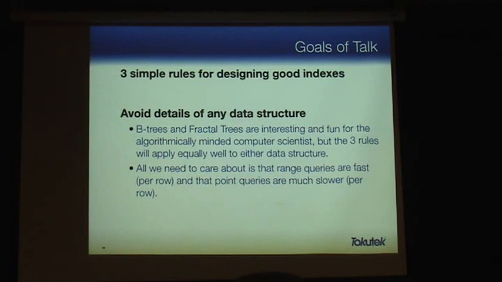And we're going to avoid the details of any of the data structures. We're not going to care about B trees or fractal trees, which, while fun to know, are not going to be important for understanding the performance model. The only thing we care about is that range queries are fast and point queries are much slower. That's it.